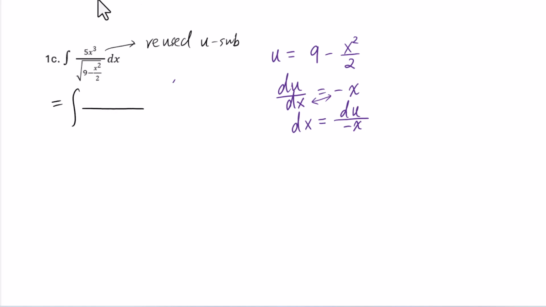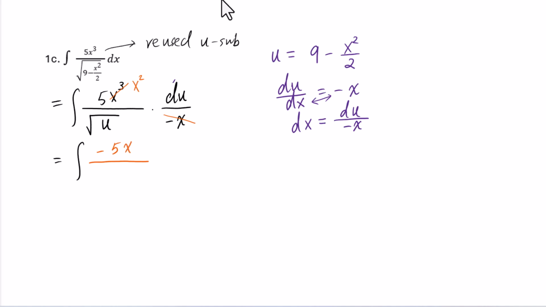The integral of 5x to the third power times square root of u times du over negative x equals, reducing, negative 5x squared over square root of u du.